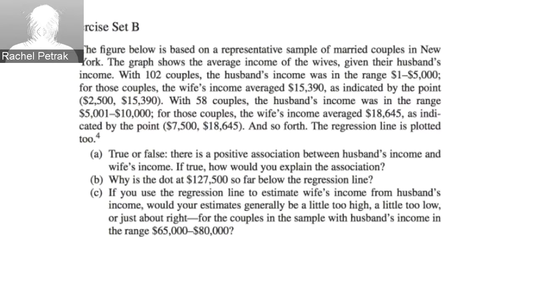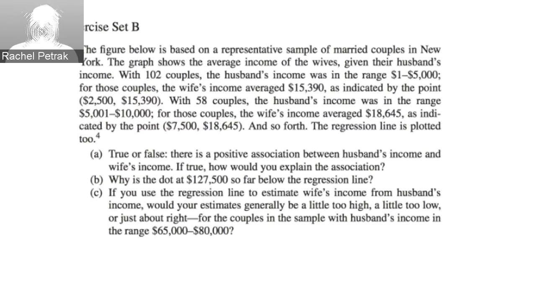With 58 couples, the husband's income was in the range of 5,000 to 10,000. Data are probably pretty old, huh? For those couples, the wife's income averaged 18,000, as indicated by the point, and so forth.